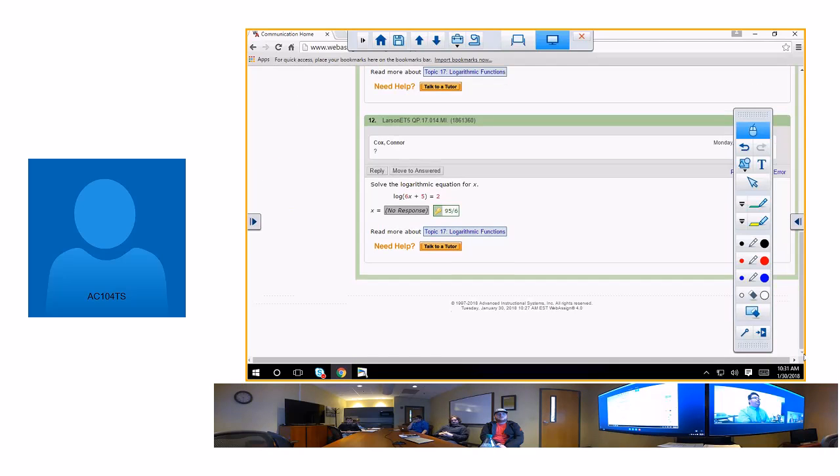All right, now this one. You'll see this one on the test. Anytime you see a logarithmic equation, you're going to see it on the test. Now, this is going to be using the definition of logarithm.